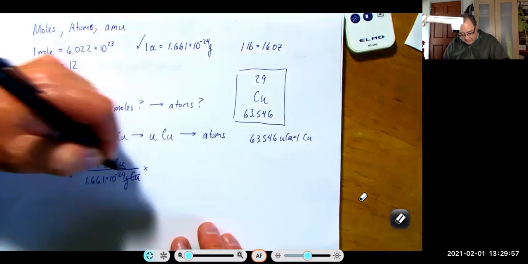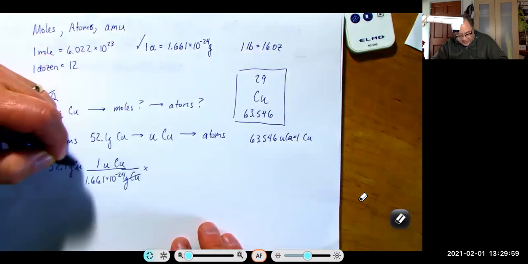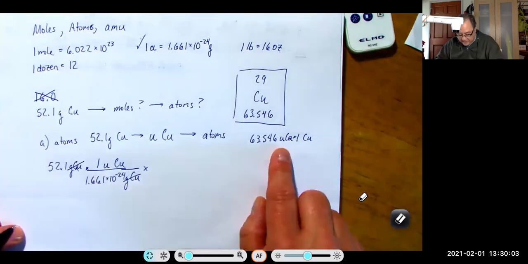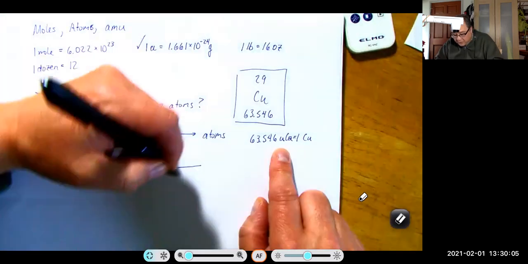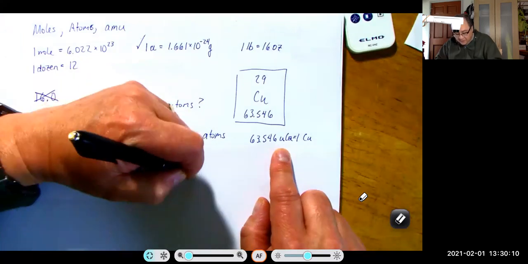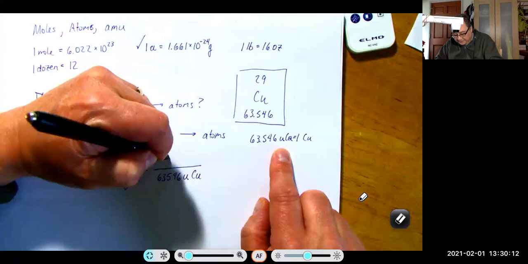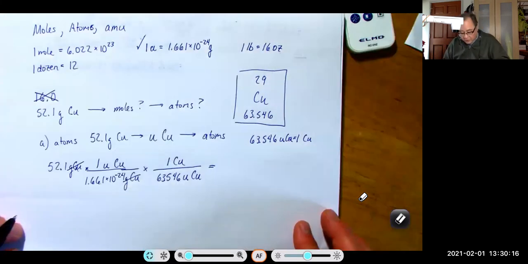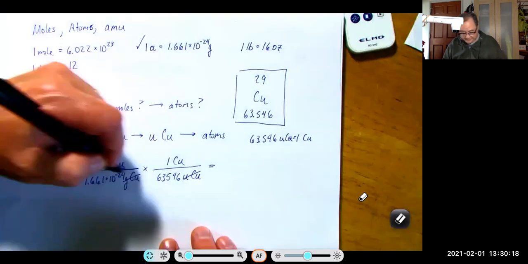So you can see the grams of copper cancel out. And then I'm going to use this right here, and I'm going to put 63.546 U of copper per 1 copper. So the U's of copper cancel.